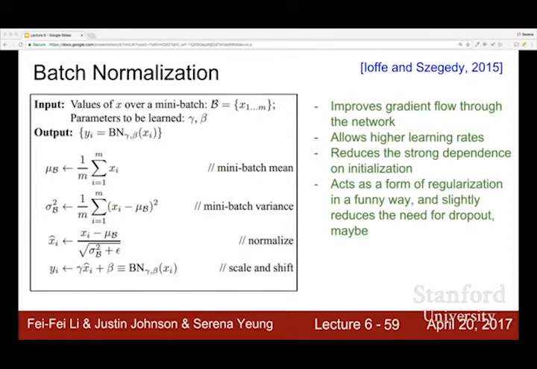Because you're going to normalize each input data by the empirical mean over that batch. So because of that, it's no longer producing deterministic values for a given training example, and it's tying all of these inputs in a batch together. And so this basically, because it's no longer deterministic, kind of jitters your representation of X a little bit and, in a sense, gives some sort of regularization effect.